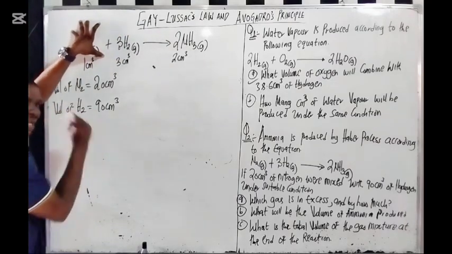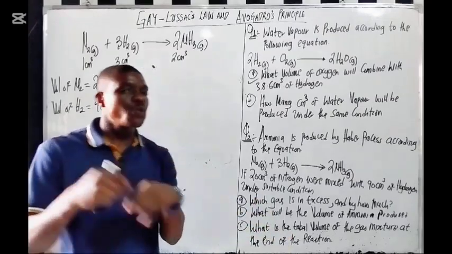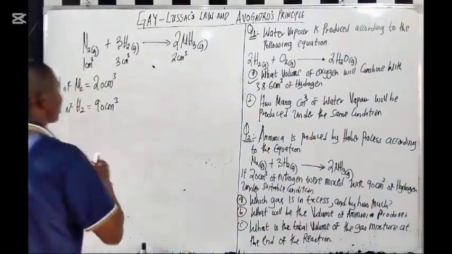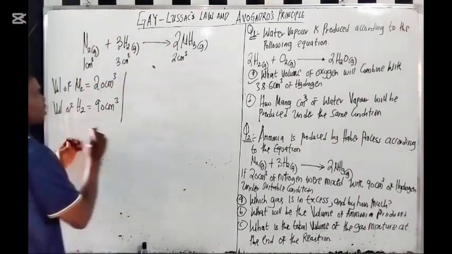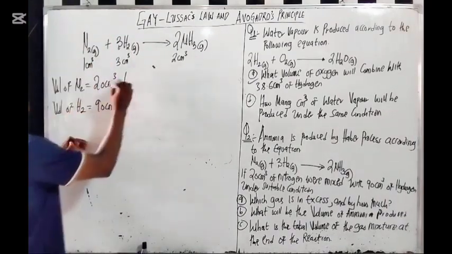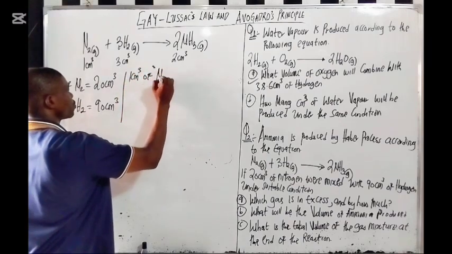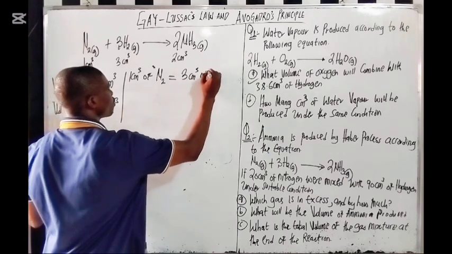Here they gave us 90, but we don't know if it's 90 that truly reacted. The only way we know if 90 truly reacted completely or not is by calculating the volume. Remember, 1 cm³ of N2 equals 3 cm³ of H2.